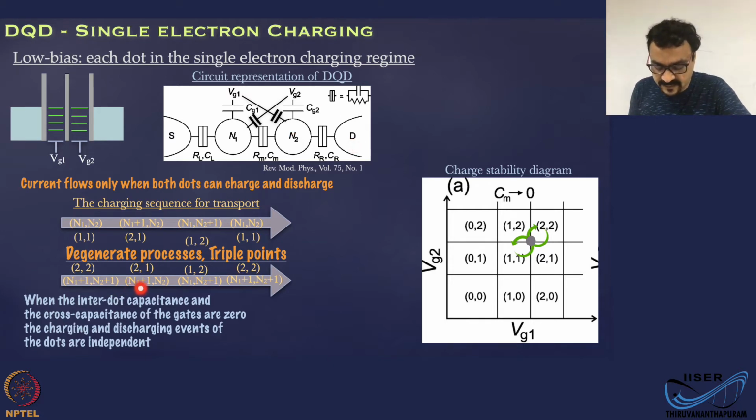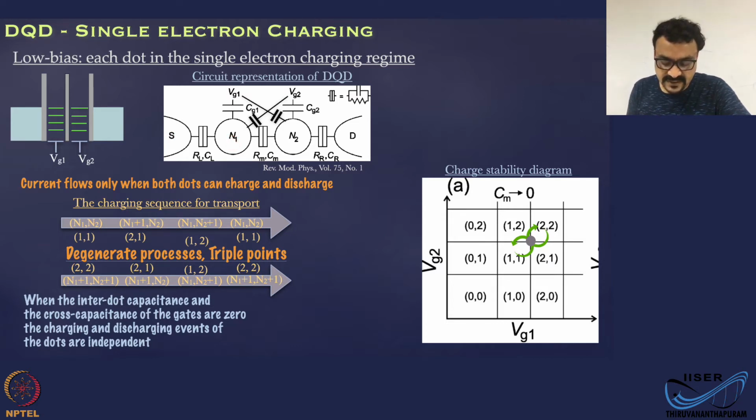Then the charge will be n1 plus 1, n2. Now dot 2 can accept an extra electron, so that can go from the n1 plus 1 state. So this becomes n1, n2 plus 1. Then n1 plus 1, n2 plus 1, eventually when the electron from the source tunnels into dot 1.